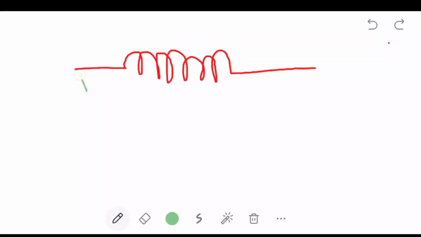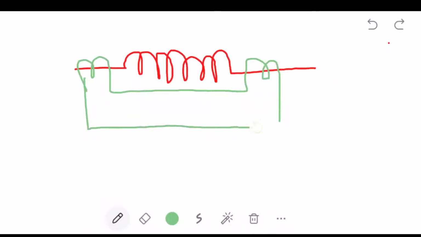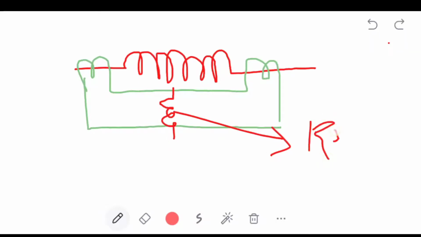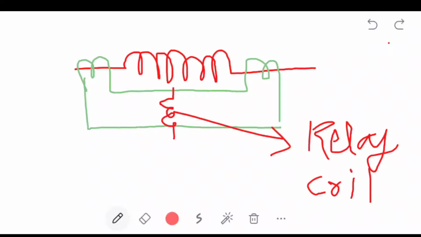Two current transformers are connected on both sides, and their secondaries are connected like this, and we provide a relay coil between the two current transformers. The relay coil is connected to a plunger.